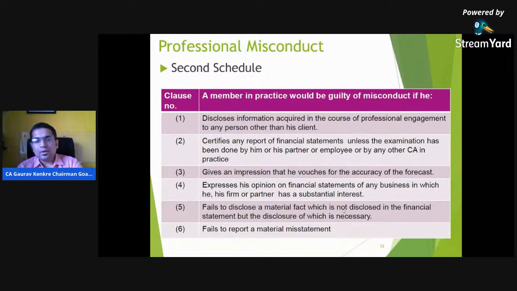Another misconduct is if you certify financial statements without looking at them, or without any other CA, professional, employee or partner having checked them. If your friend comes up and gives you some financial statements and you sign them off without looking at them, then of course it will be a professional misconduct.